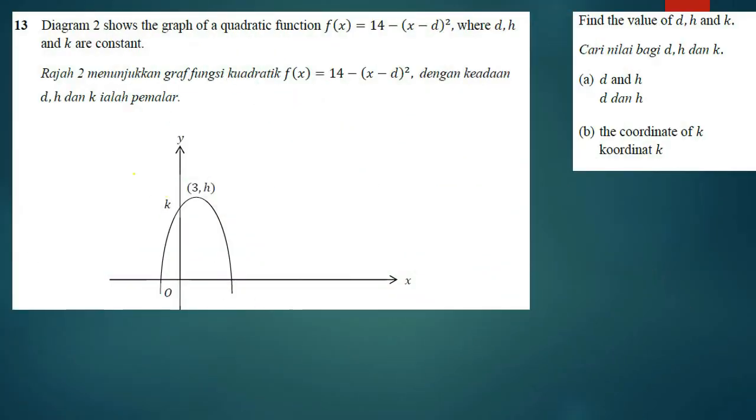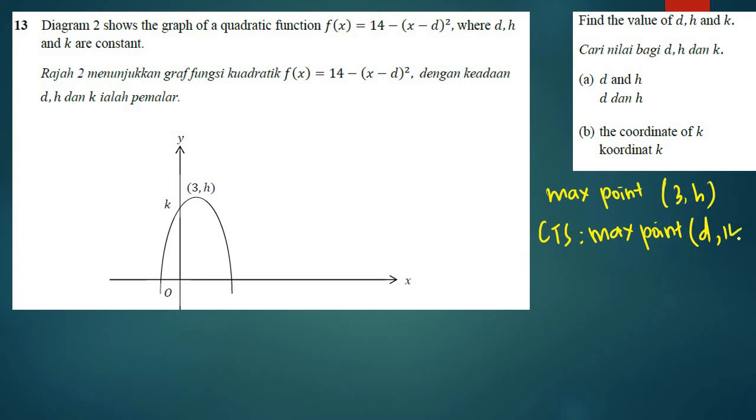Okay, this one. Diagram 2 shows the graph of a quadratic function in completing the square form, where d, h, and k are constants. Now in the diagram given, the maximum point is (3, 14). So from the completing the square form, you will get the maximum point is (d, h).